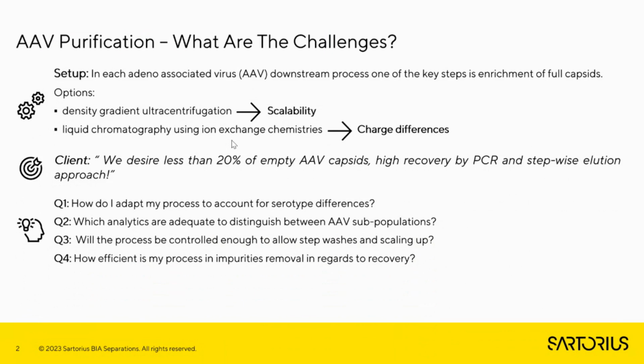What are the analytics that I should use that really distinguish between the different AAV subpopulations, because we know there are not just empties, but also other subpopulations? How will my process be controlled to allow step washes and go from linear to step washes? And the third paramount thing: how is my impurity clearance and impurity removal in regard to the recovery?